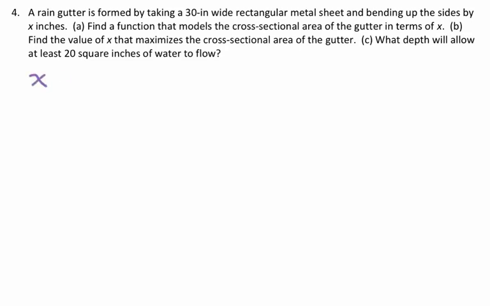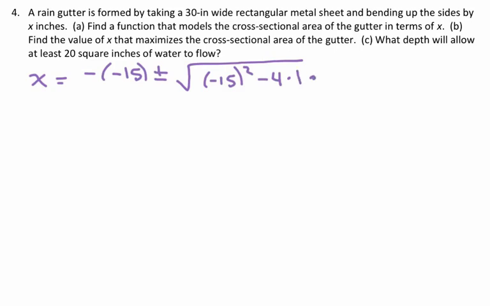So x equals negative b, which is negative 15, plus or minus the square root of b, which is still negative 15 squared, minus 4 times the a value, which after we factored was 1, times the c value, which was 10. And it's all over 2 times a, which is 1.